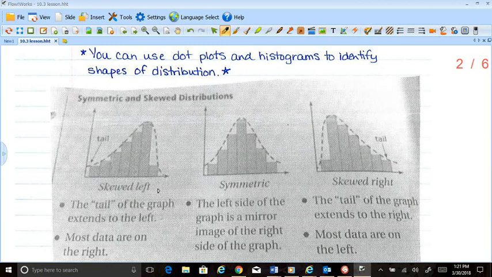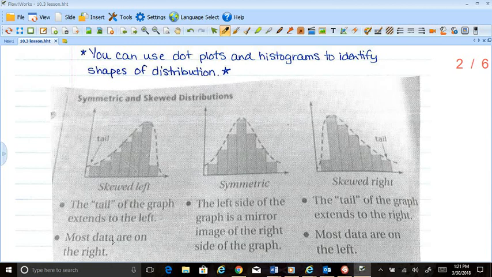This first graph is skewed left. That means in this histogram, if you drew a hill over your data, the tail, or the long stretched out part, is over on the left-hand side of the set of data. So the shape is skewed left because the tail is on the left-hand side.